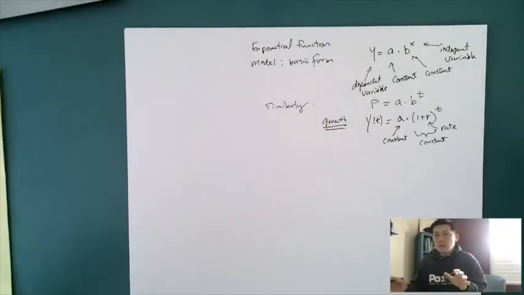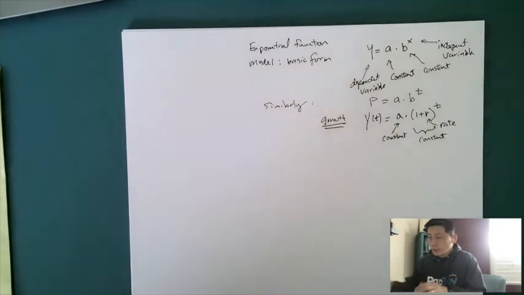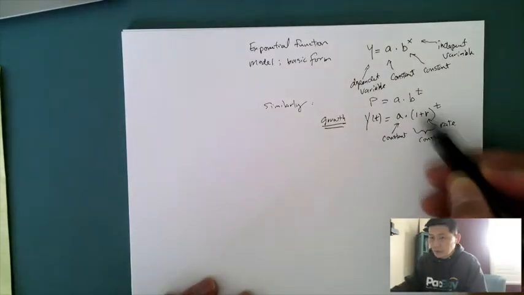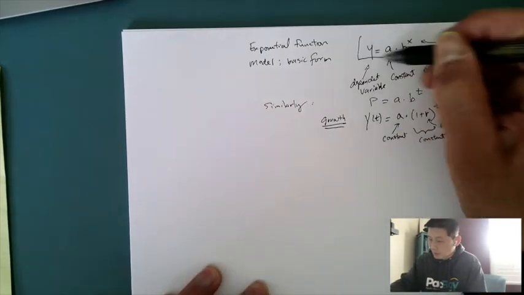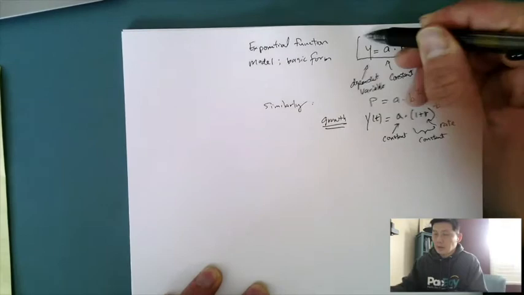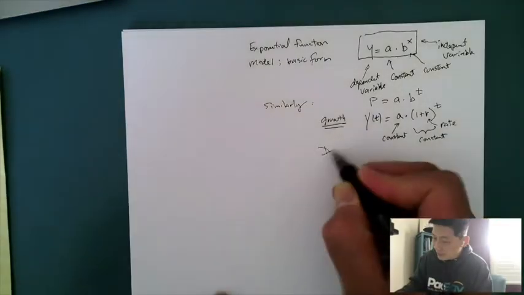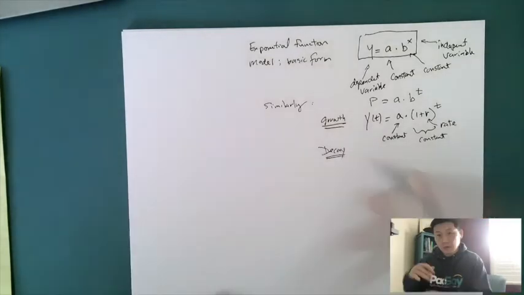So as you can see, even though it becomes a little bit more complicated, it still holds true to the original form, right? A times a constant to a variable goes back to this original model form.